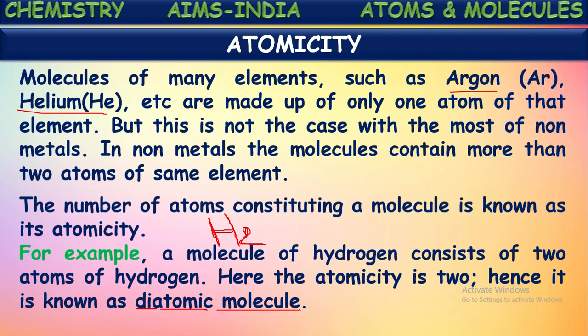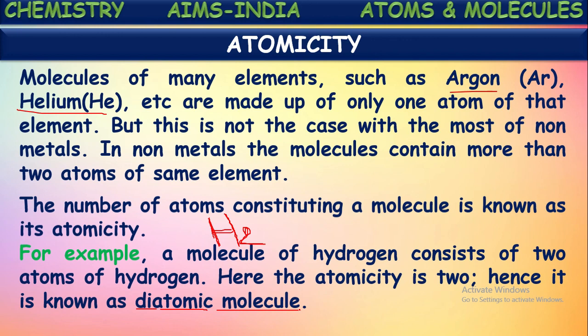Each molecule of hydrogen is formed by the combination of two atoms of hydrogen. So as there are two hydrogen atoms in each molecule, its atomicity is said to be 2. At the same time, it is also known as a diatomic element or diatomic molecule. Okay, did you get the meaning of atomicity? Atomicity means the number of atoms present in one molecule of an element.